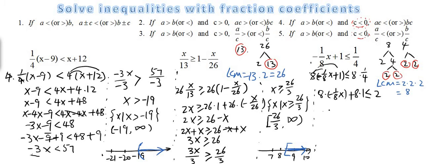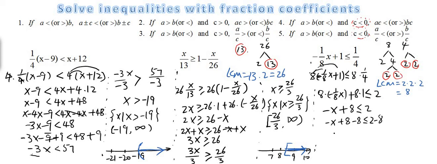Okay, and we can simplify it. -x plus 8 less than or equal to 2. And we can see here we have a constant 8. Now we want to remove it. So we're gonna subtract 8 for both sides. Again, I wanted to emphasize, if we do the subtraction or addition for both sides, we will not change the sign of inequality.